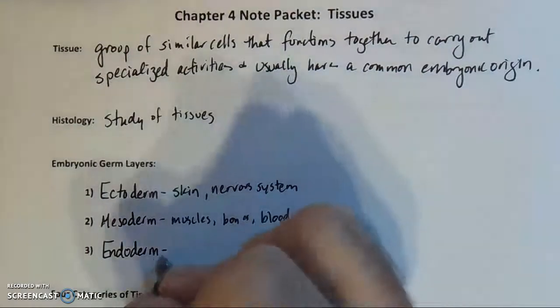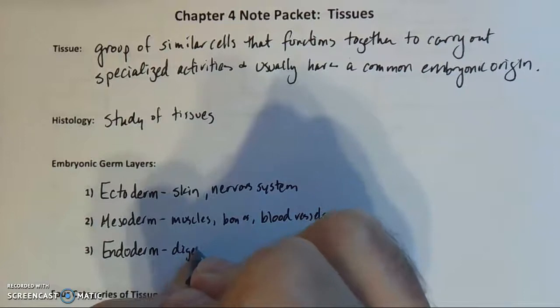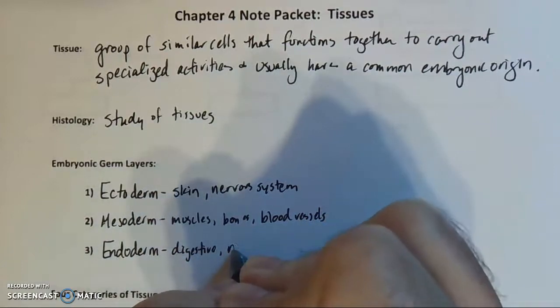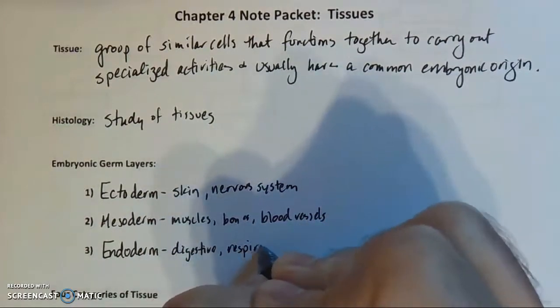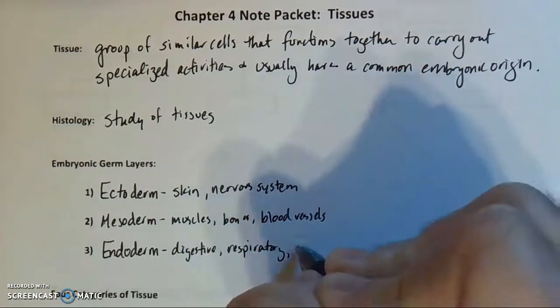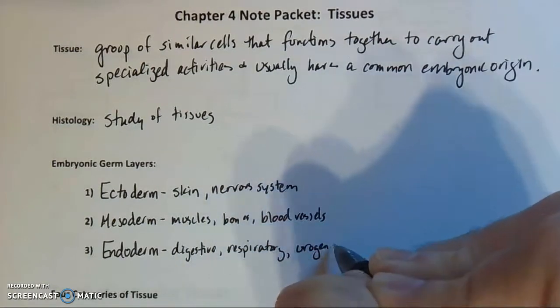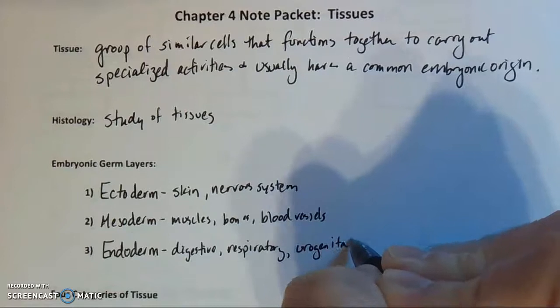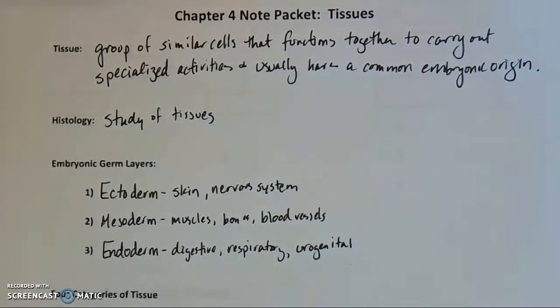And the endoderm, we have the digestive system, the respiratory, and the urogenital. So the urinary system, the kidneys, and then the reproductive system. So these are where our different systems come from through that process of cell differentiation.